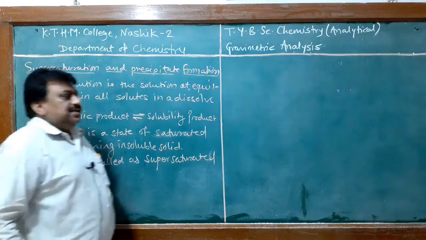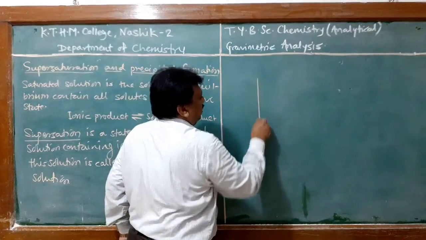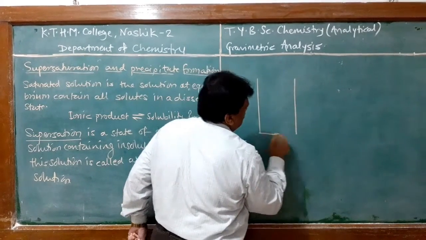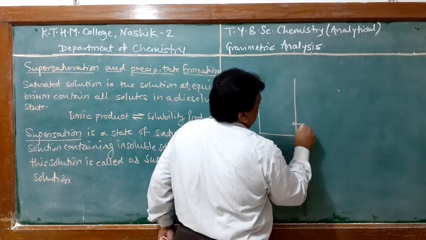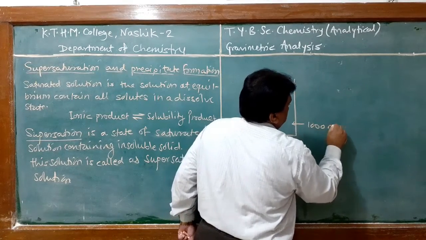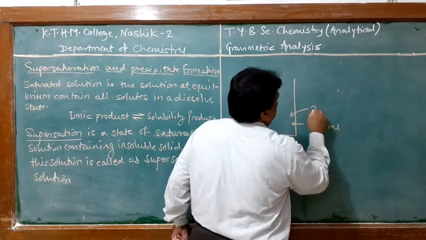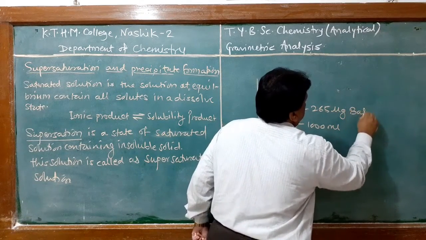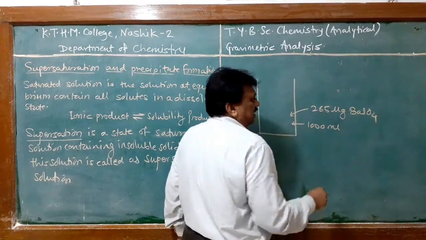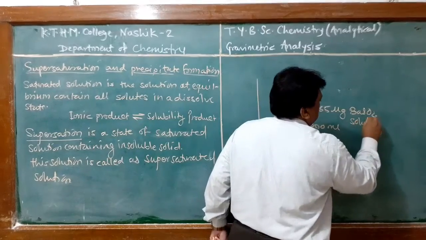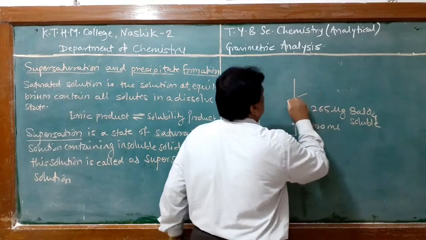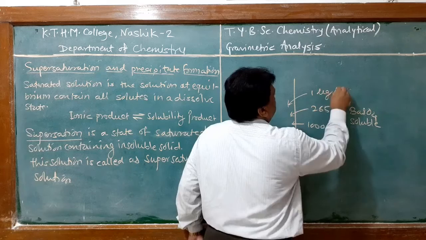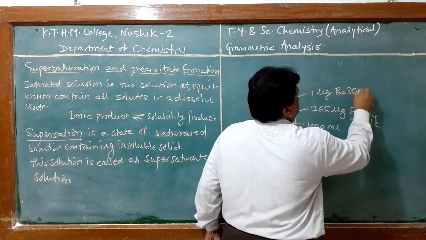Student, in last lecture we know that when we take 1000 ml distilled water, and if we add 265 microgram of barium sulfate, this is soluble in this amount of solvent, but further 1 microgram of barium sulfate remains insoluble.